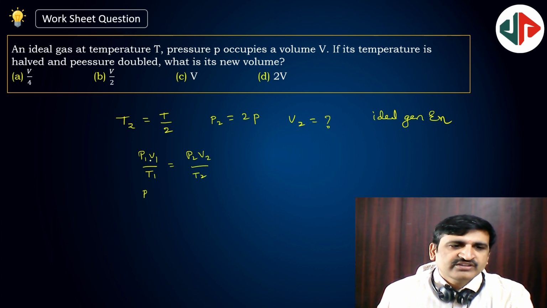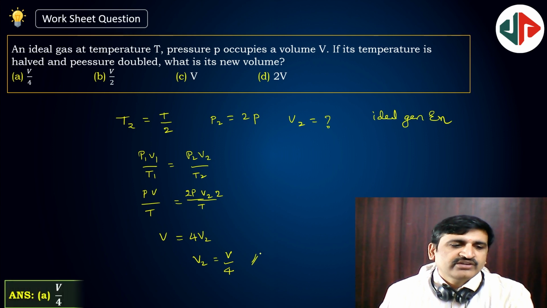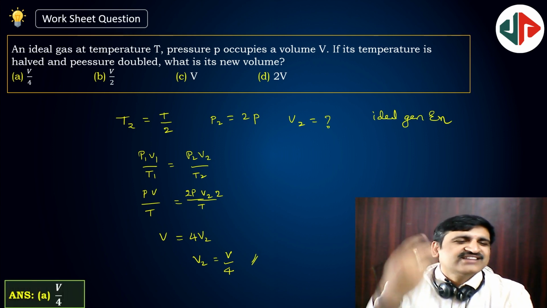P1 is P, V1 is V, T1 is T, P2 is 2P, T2 is T by 2, V2 we don't know. So T and T cancel, P and P cancel, and here V is equal to 4 V2, that means V2 is equal to V by 4. Option A.